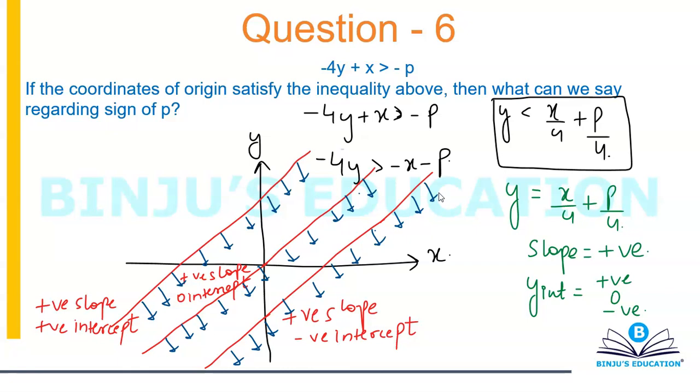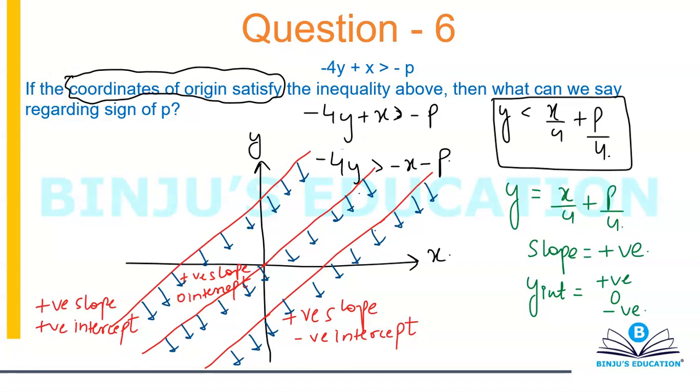Now it says that the coordinates of origin satisfy. When I say coordinates of origin satisfy, that basically means that origin would lie in the concerned area.